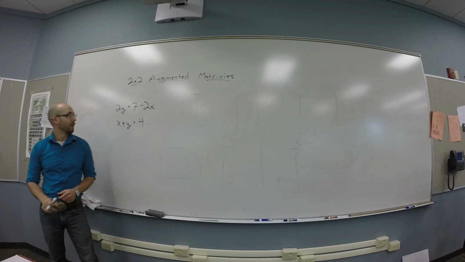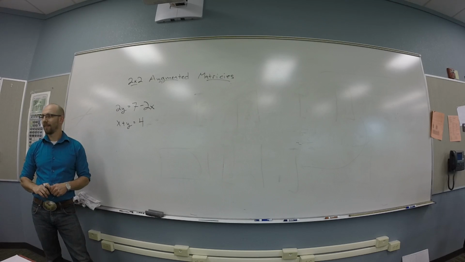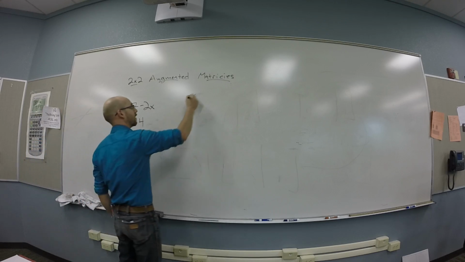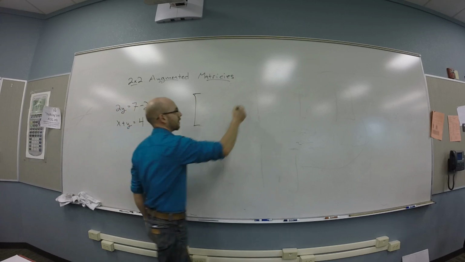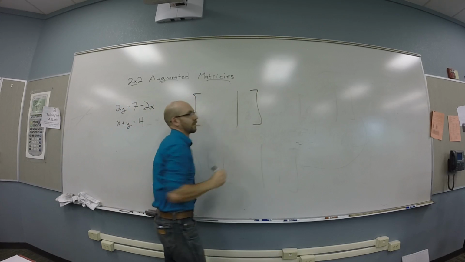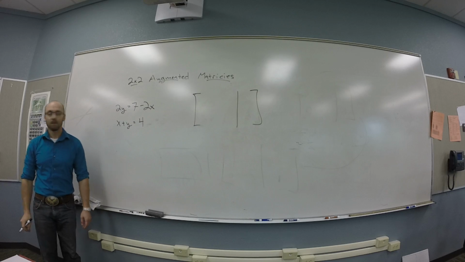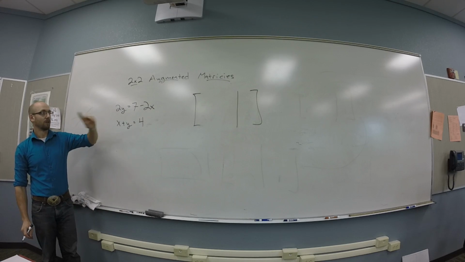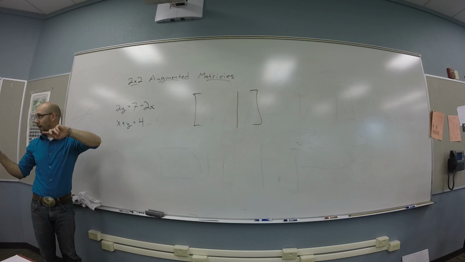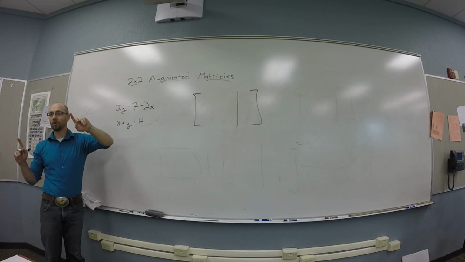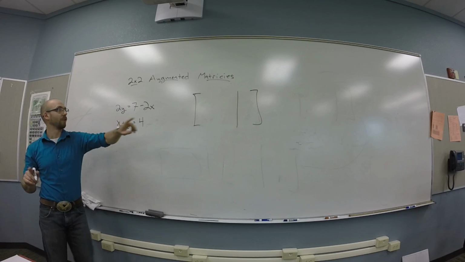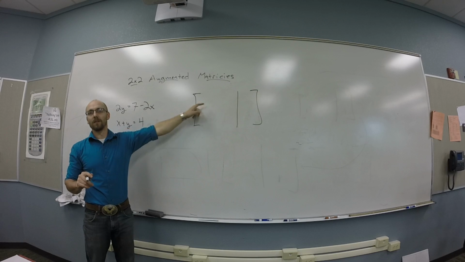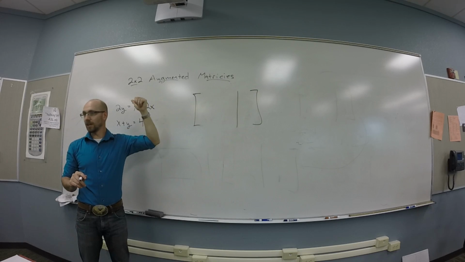Can you guys turn this into a matrix for me? Here we go. -2, 2, 7 on the top one. Okay, careful. Good thought, but careful. You gotta flip the sign. You gotta throw the 2x on the other side of the equal sign.